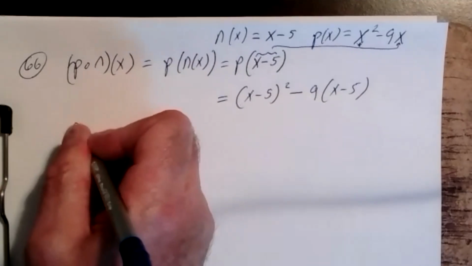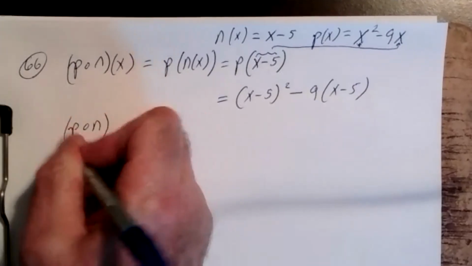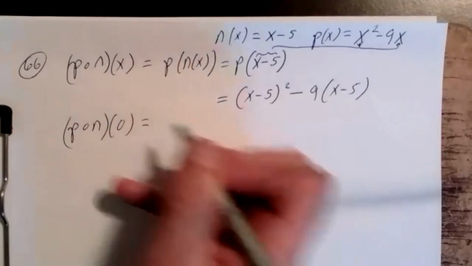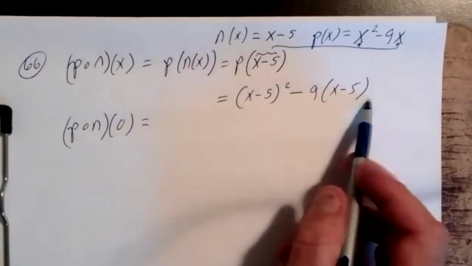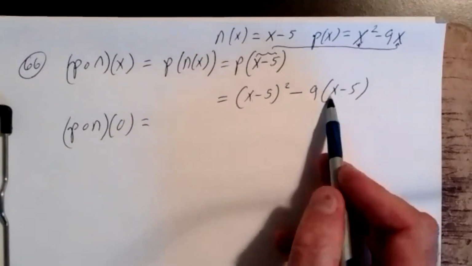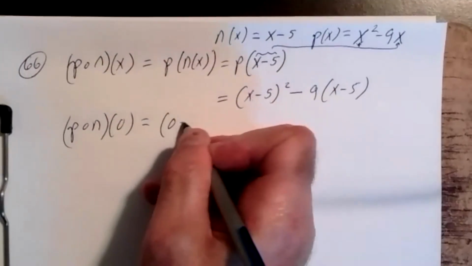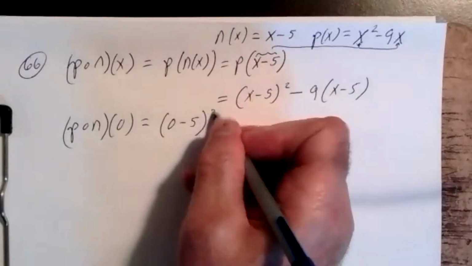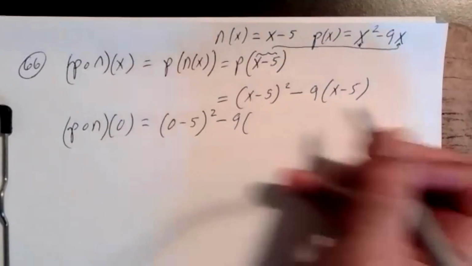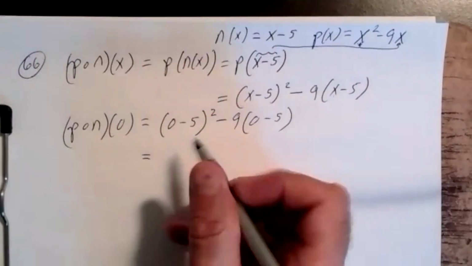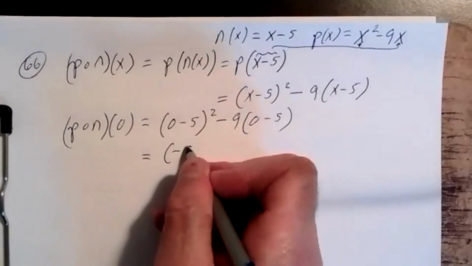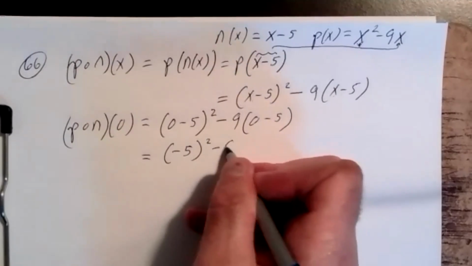Furthermore, if I wanted you to evaluate this function at, let's say, 0, that means you'd have to replace x with 0 wherever you see it in the definition of this new function. So 0 drops in here and here, in which case you'd have 0 minus 5 squared minus 9 times 0 minus 5. 0 minus 5 is -5. -5 would have to be squared.